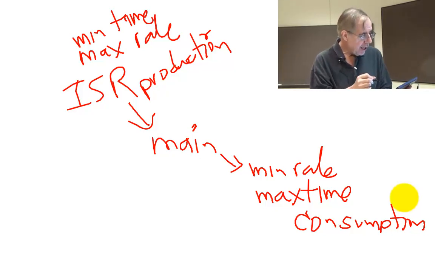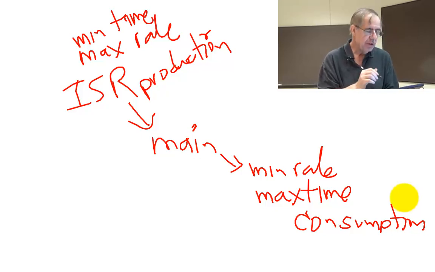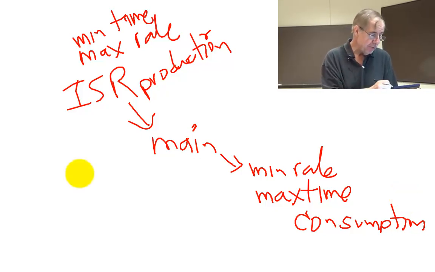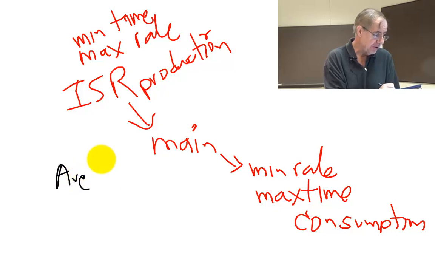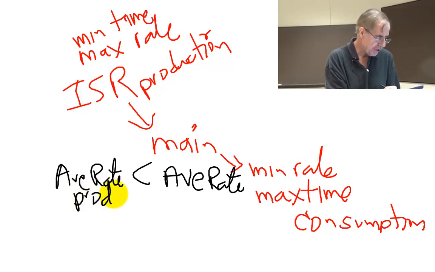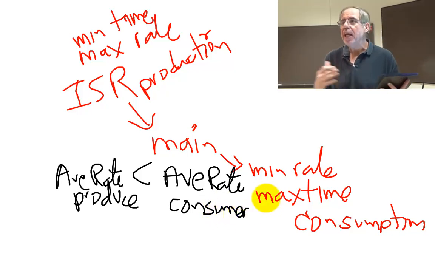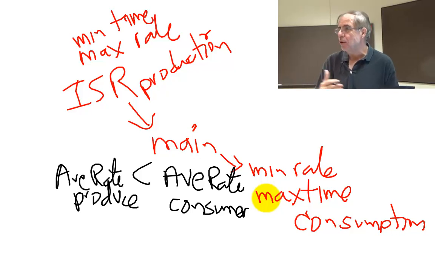Okay? And now the question comes, now I could look at averages. On average, the rate in which I produce has to be less than the average rate, the rate, not the time, that I consume, or it will crash. Now, when I hook them up, the average will be equal, but if I don't lose any data, the averages will be exactly equal.